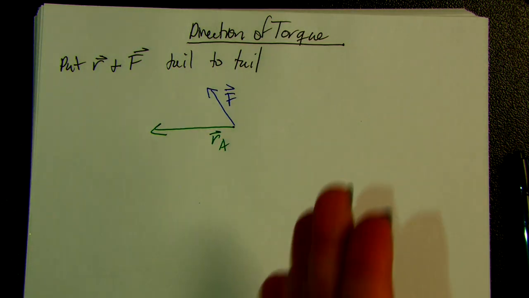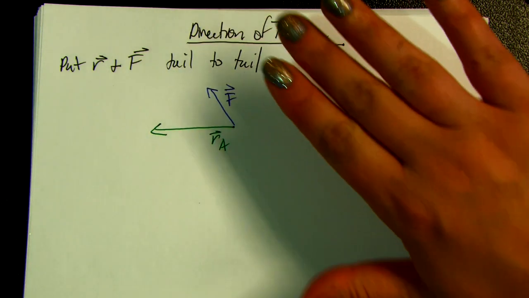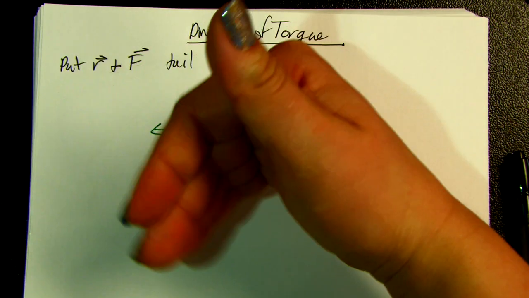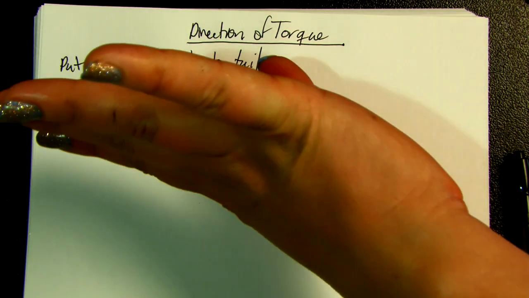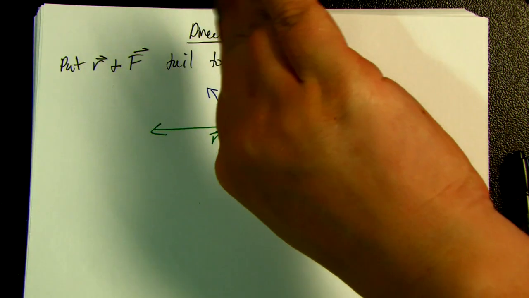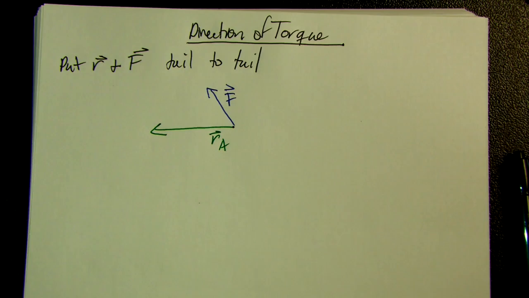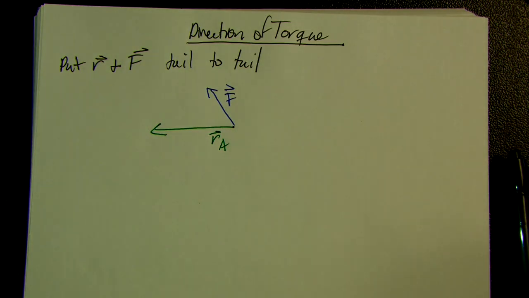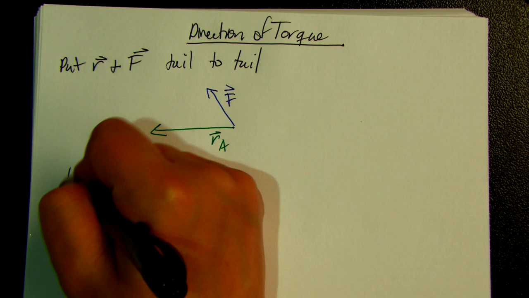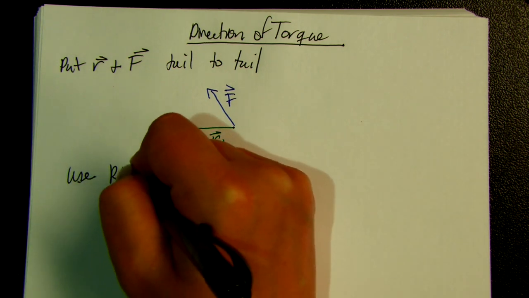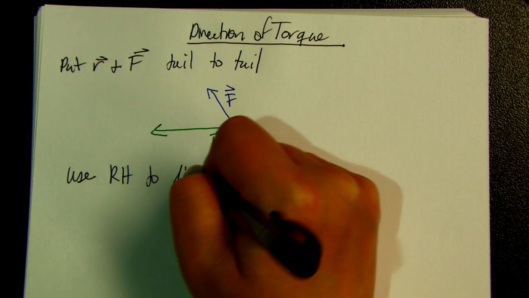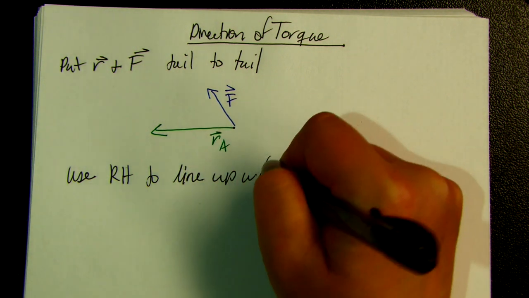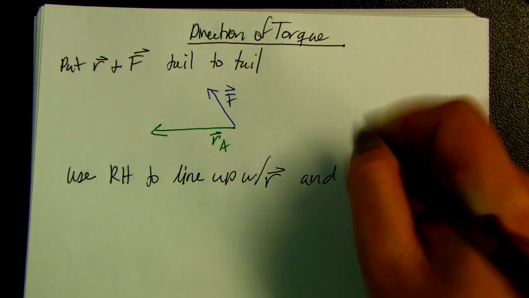And then you use the right-hand rule, line your right hand up with R. So in this case, if I line it up this way, I cannot naturally twist, so I need to flip it, line it up, twist towards F. Torque in this case would be in the negative direction, into the page. So use the right hand to line up with R and curl towards F.